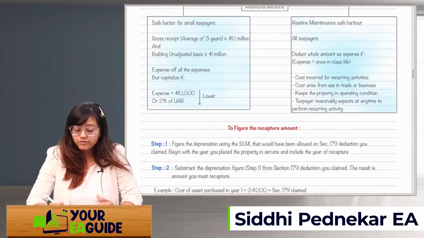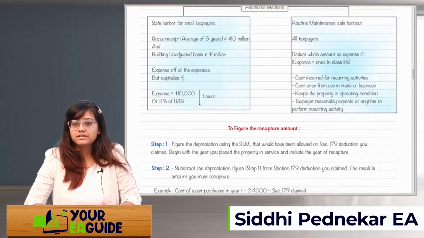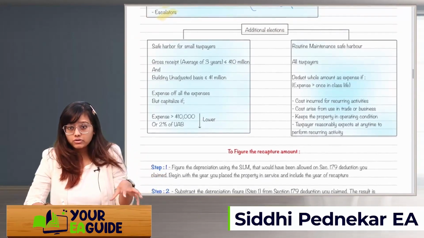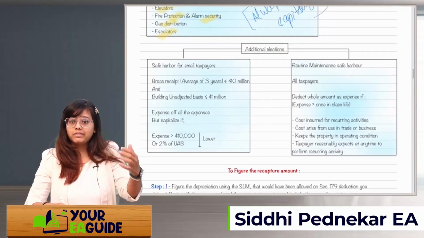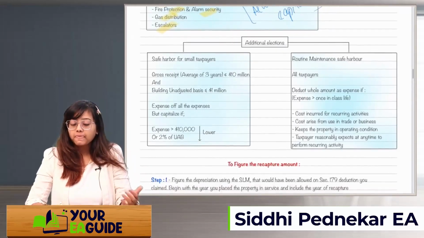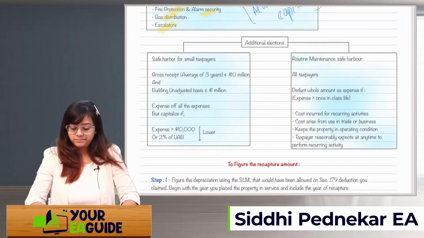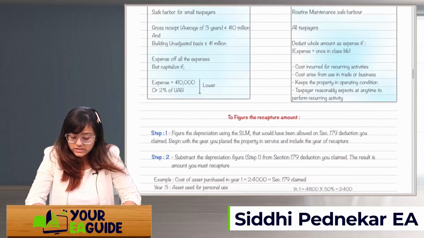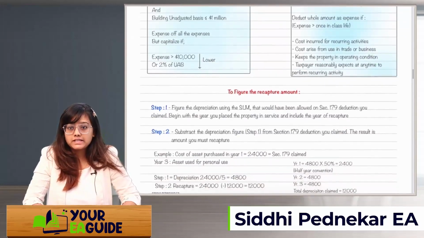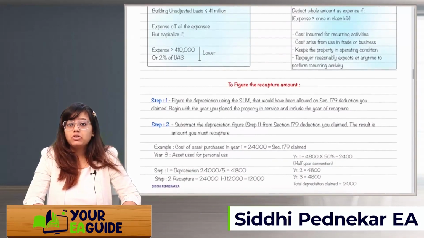That means if it occurs more than once in a class life. Class life means what? 5 years, 7 years, 15 years, whatever we have. If those types of expenses are going to come, like recurring expenses, repairs which we need to operate that equipment, that will be considered an expense and will not be capitalized. Okay. If it's a cost incurred for recurring activities, as I said, the cost arises from use in the trade or business, and it keeps the property in operating condition.